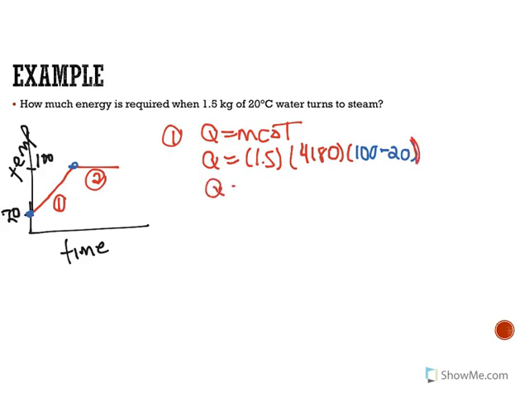So that's 80 degrees. And we multiply those numbers together. So Q is equal to 1.5 times 4180 times 80. We get 501,600. Our answer is in joules, because remember, specific heat capacity is in joules per kilogram degree Celsius.